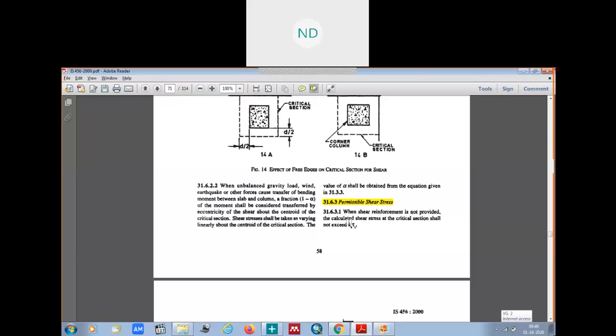When shear reinforcement is not provided, the calculated shear stress at the critical section shall not exceed Ks tau c.